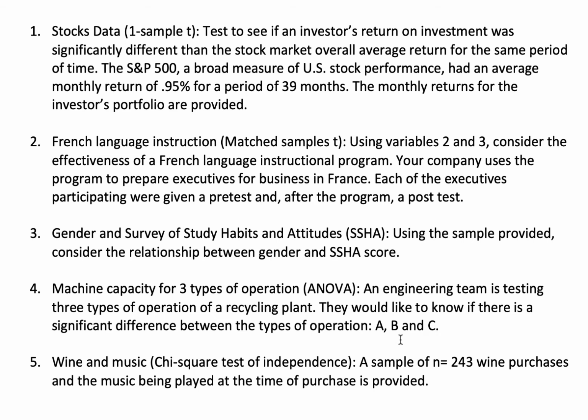So they're trying to improve, trying to optimize the performance of the plant. So they're looking at 3 different types of operation and trying to test each one to see if there's a significant difference between them, which one's the best, which one's the worst. We can learn all of that from our ANOVA.